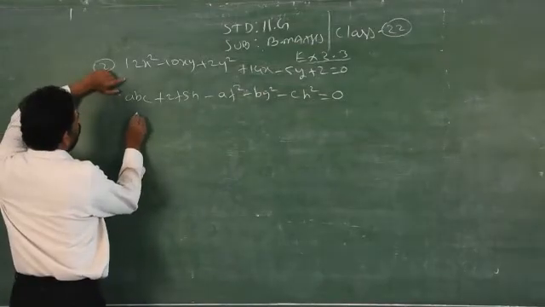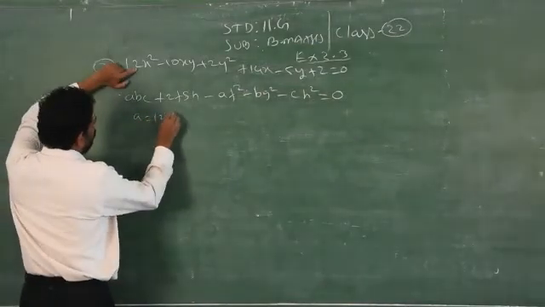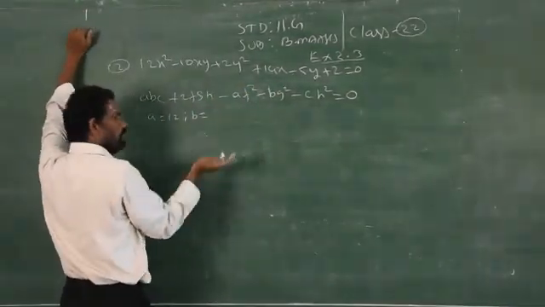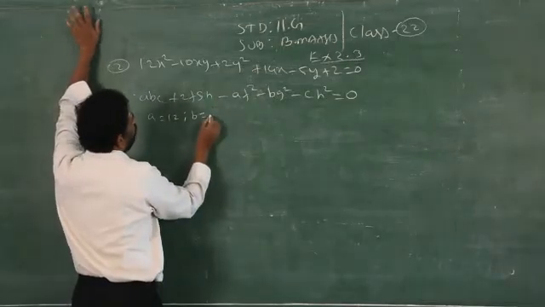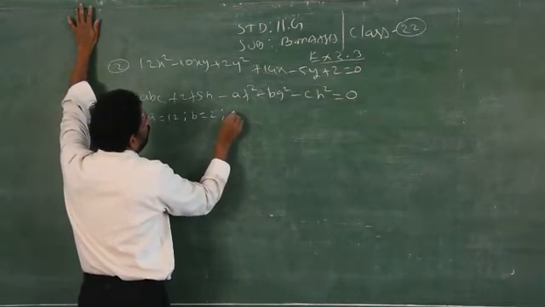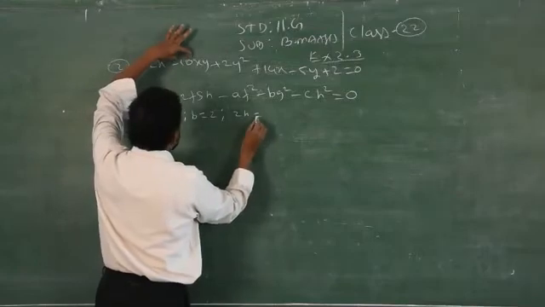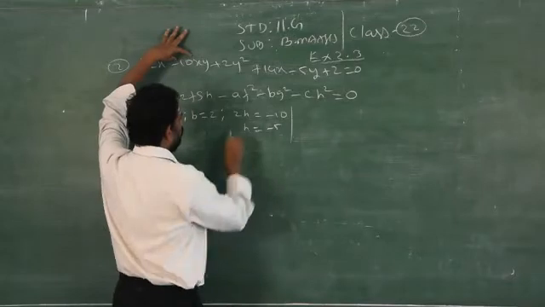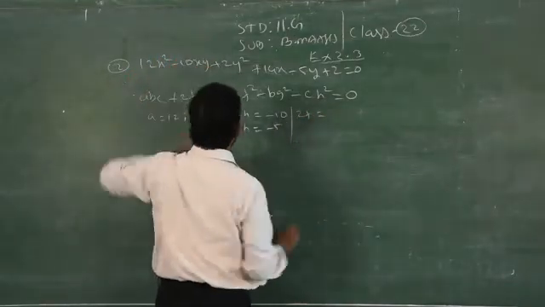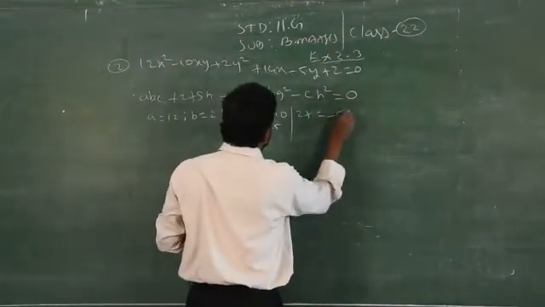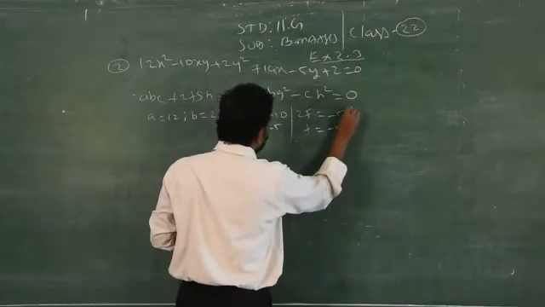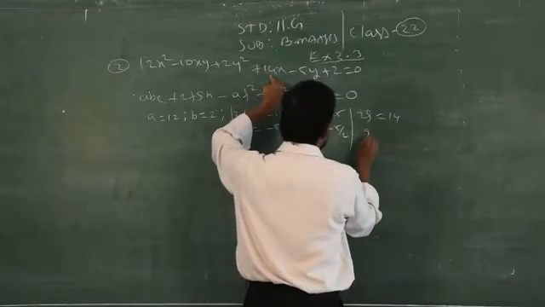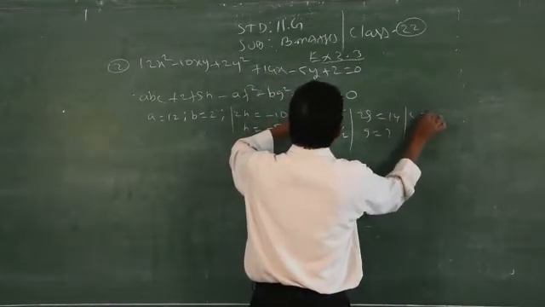Now you have to find a, the coefficient of x square, and b, the coefficient of y square. You know how to find these using the general equation of a pair of straight lines. So a is 12, b is 2, 2h is equal to the coefficient of xy, that is minus 10, so h is minus 5. 2f is equal to the coefficient of y, that is minus 5, so f is minus 5 by 2. 2g is equal to the coefficient of x, that is 14, so g is 7, and c is equal to 2.